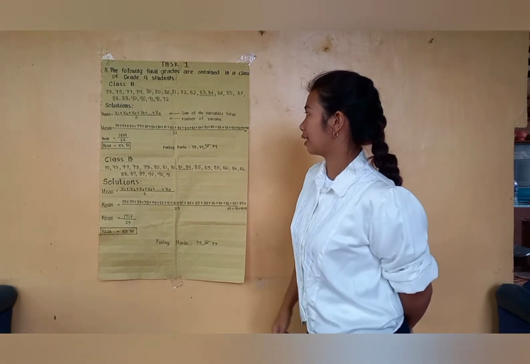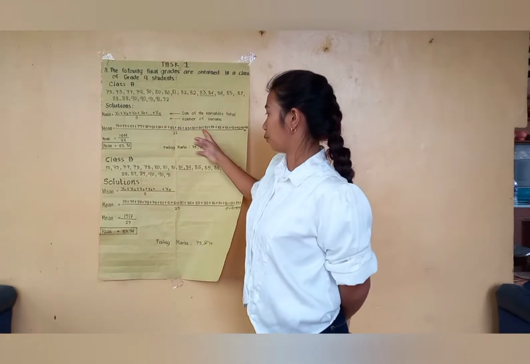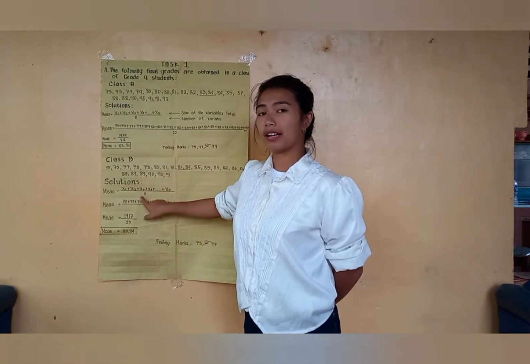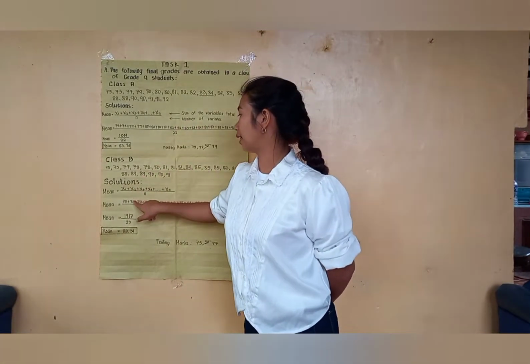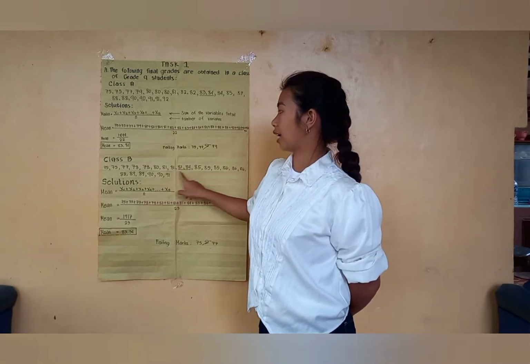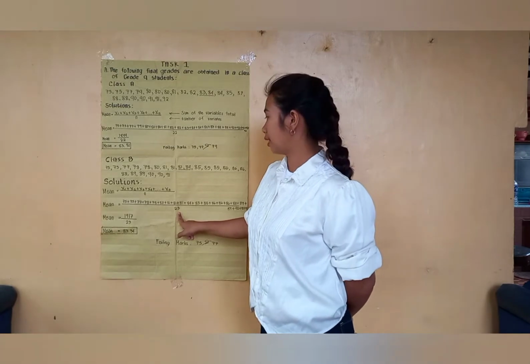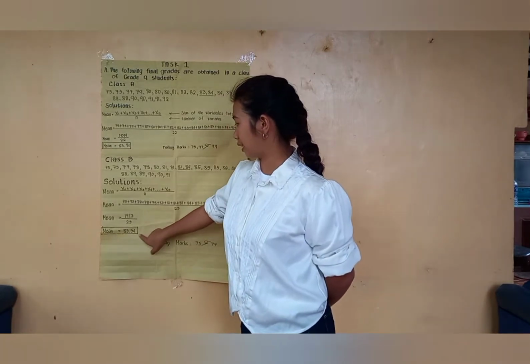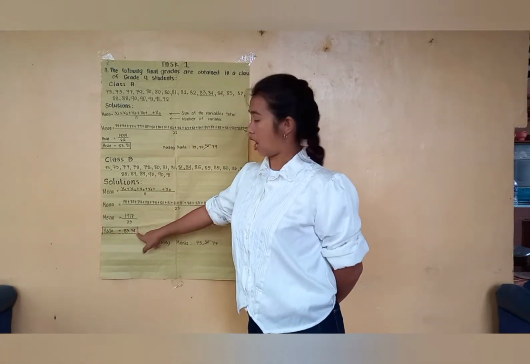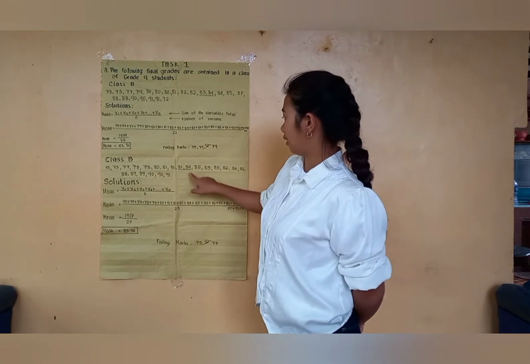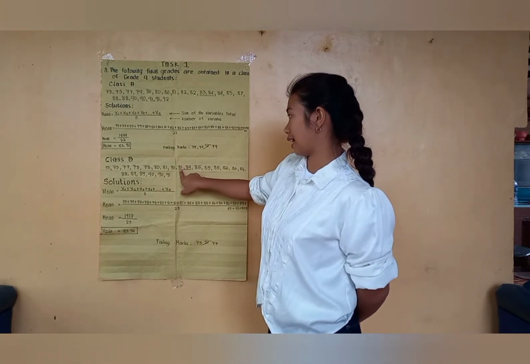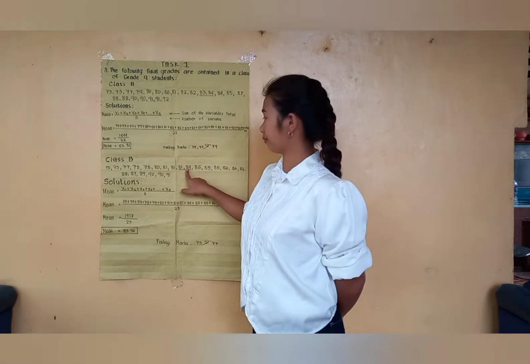In class B, the same as in class A, we use the formula of mean, and we add all grades in class B divided by 23. So the result is, the mean is 83.34. And we see that there is no 83.